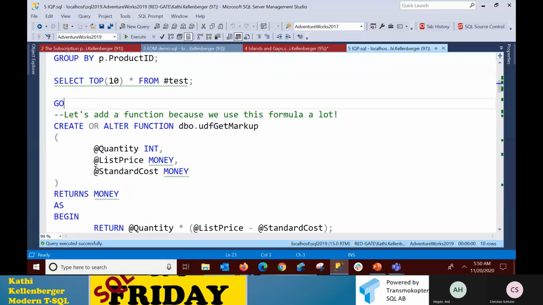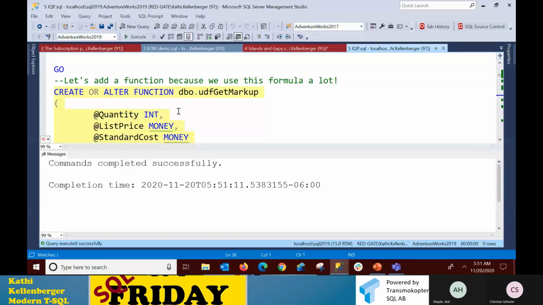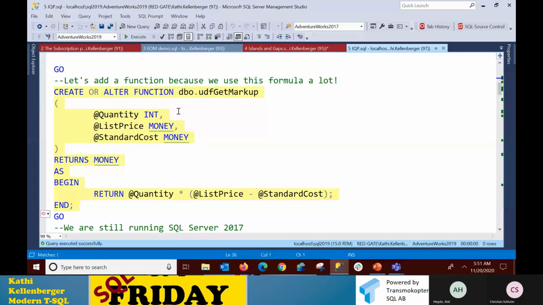So let's say you're using this formula all over the place, and you want to create a function so that you can have code reuse, and if you want to in the future change that formula, you can change it in one place. That makes sense, right?